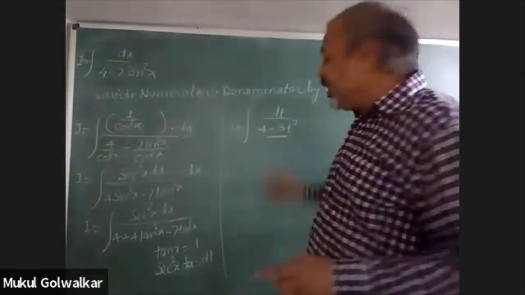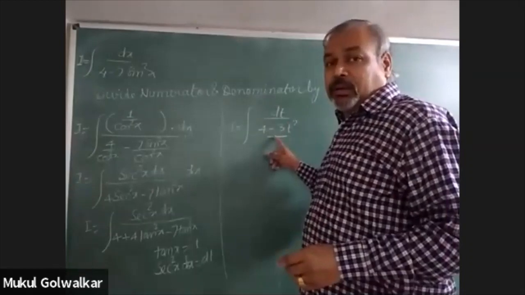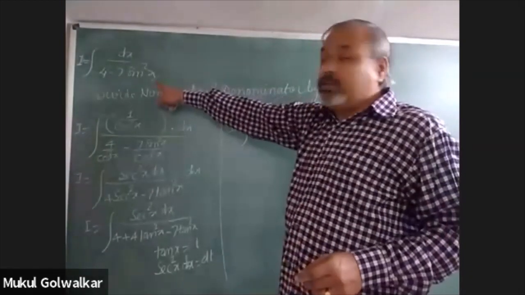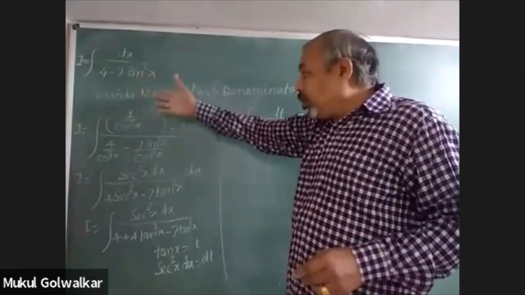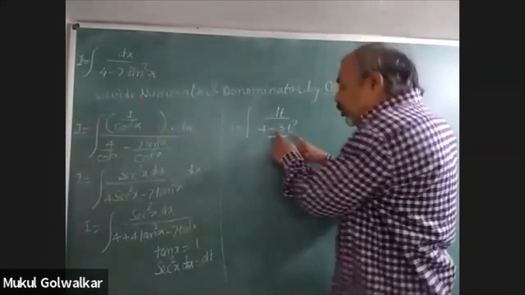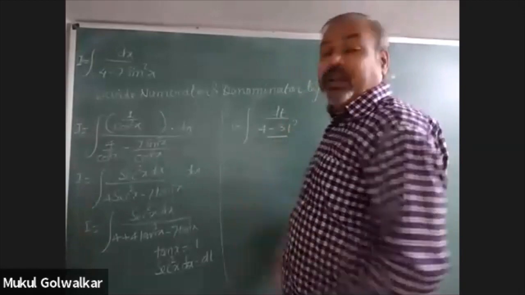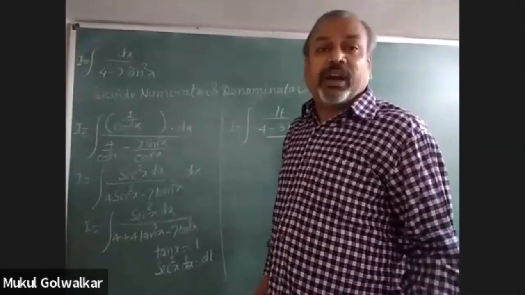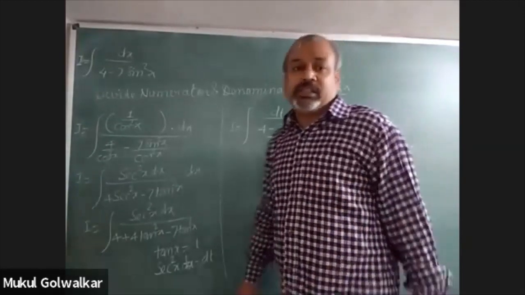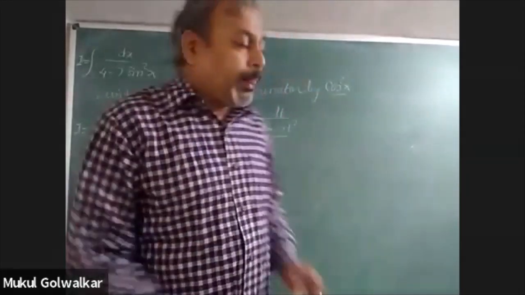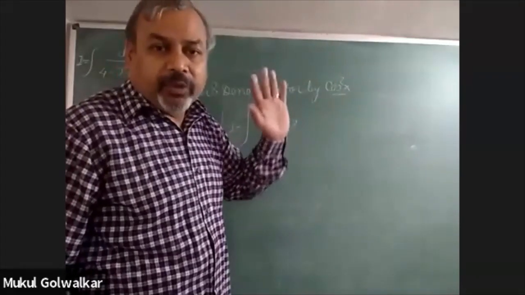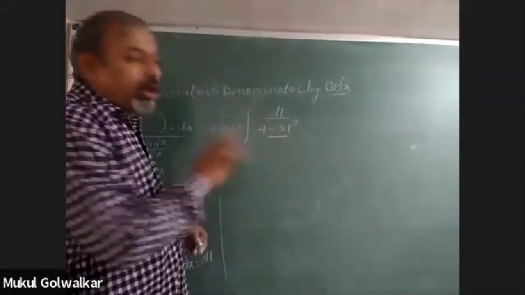Means no need to make this quantity a perfect square. But if you are getting more terms in the denominator, and you follow this procedure, ultimately the denominator will get converted into the form of a general quadratic. And you know how to get the answer for a general quadratic? Making the general quadratic a perfect square and then utilizing the formula again. So this is the way of solving the question.